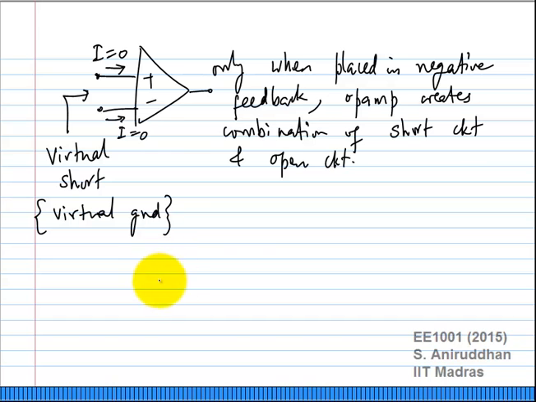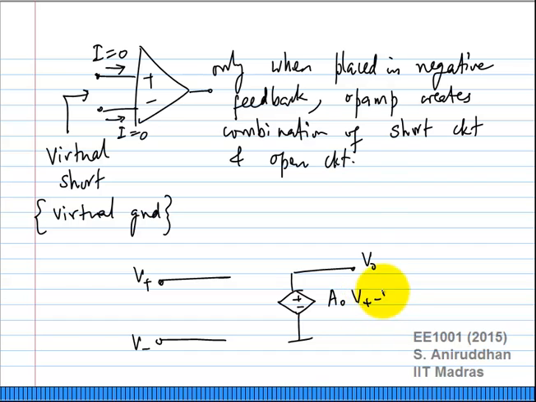So between these two terminals, I have V plus, V minus, and A0 times V plus minus V minus. So the op amp itself can be replaced by a voltage controlled voltage source whose gain is very large, whose gain is A0. There is no input current into the op amp. The output voltage is related to the difference between the input voltages. These are the properties of the op amp.